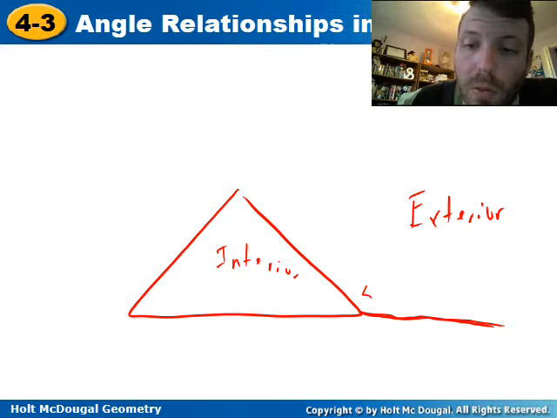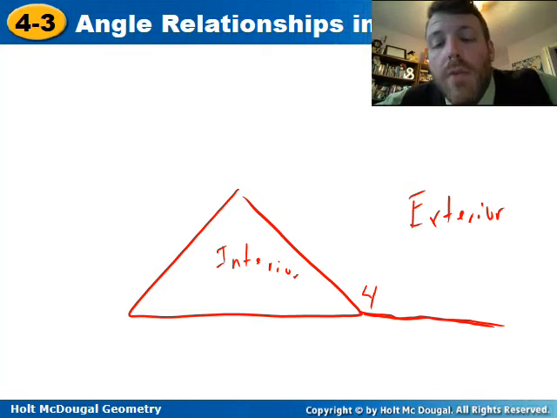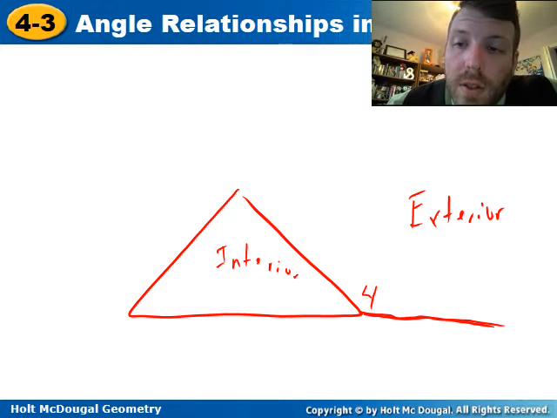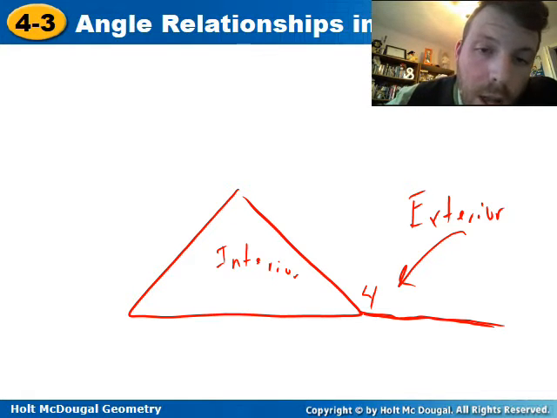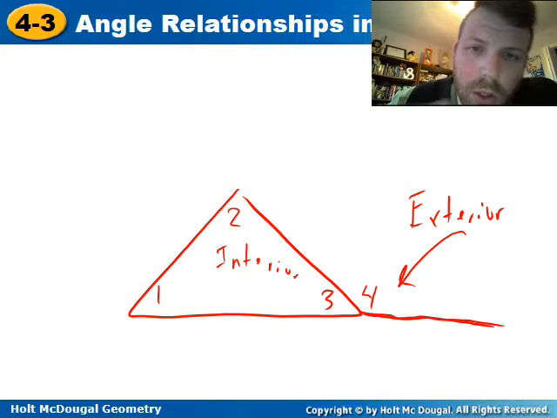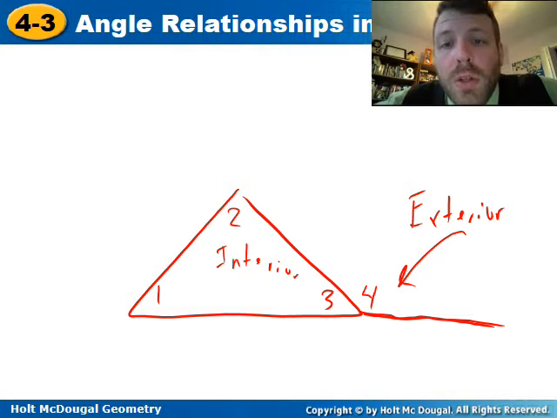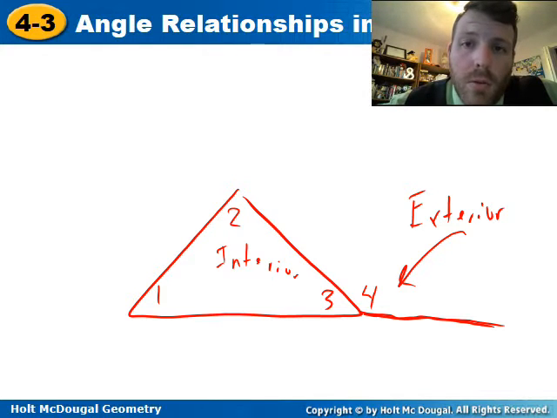Let's call this angle 4. If I call that angle 4, this is known as an exterior angle. Let's label all of these 1, 2, and 3. So 1, 2, and 3 are interior angles, and 4 is an exterior angle.